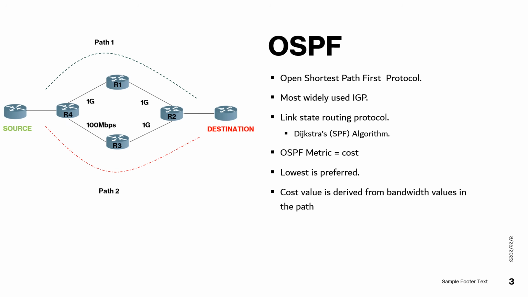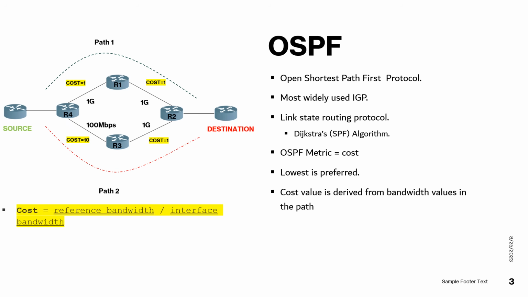In OSPF, the cost value is derived from the bandwidth values in the path. The formula used to calculate the OSPF cost is equal to reference bandwidth divided by interface bandwidth. By reference bandwidth, I mean the default reference bandwidth is 10^8, that is 1 with 8 zeros.